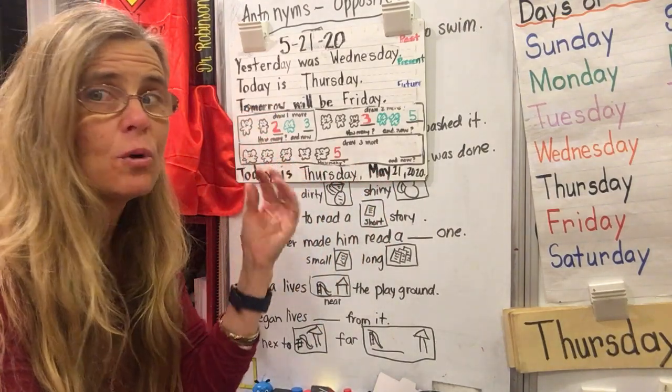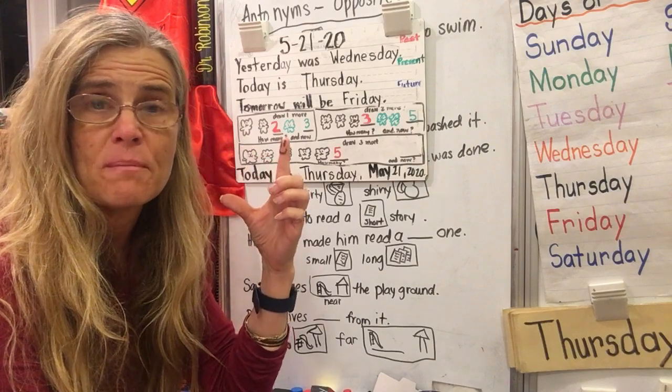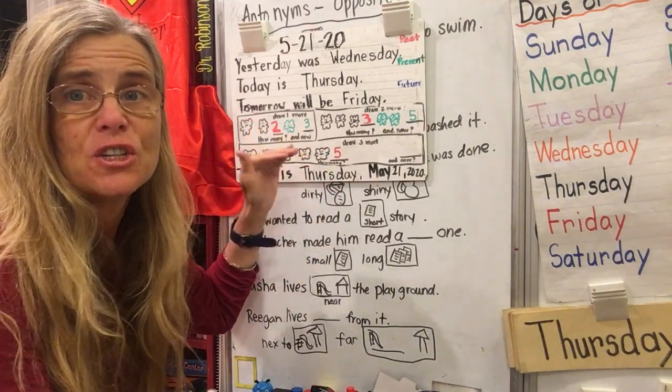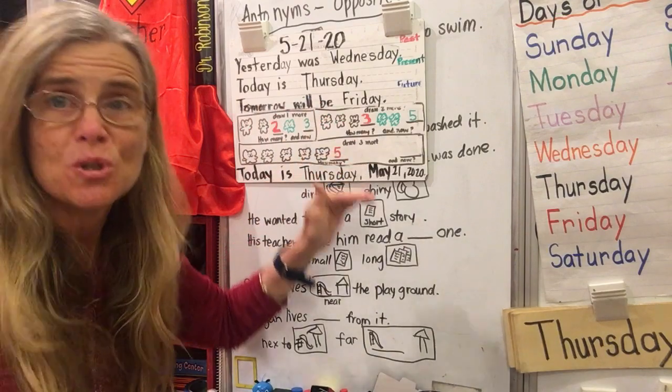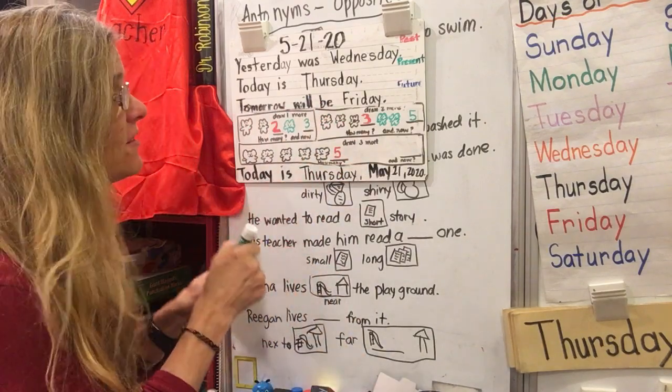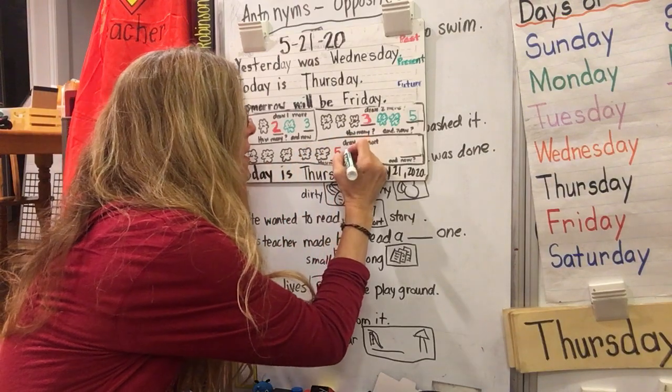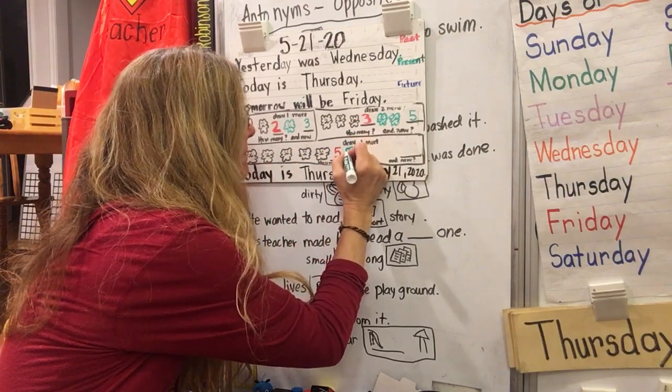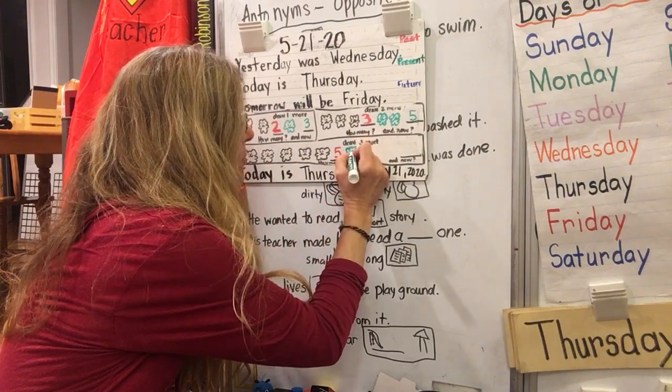So it's really important that you stay very self-aware in math. What you know how to do helps you do what you're expected to do next. So here I've recorded 5, and I need to draw 3 more. So here's 1 bear.